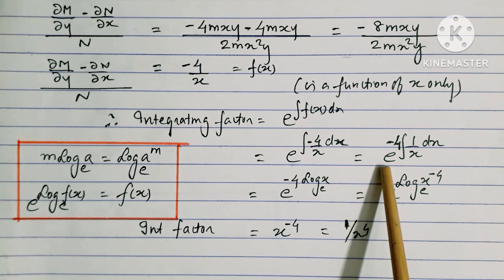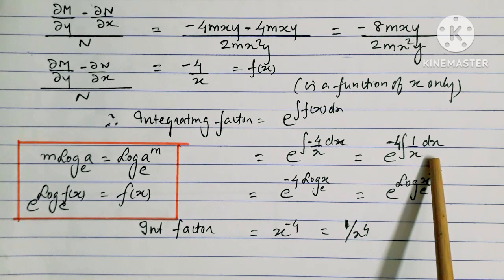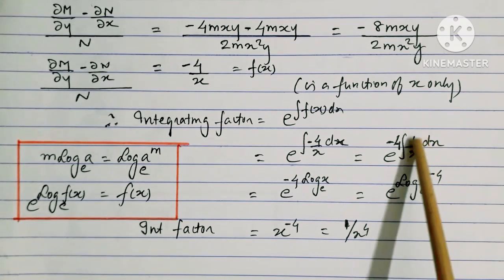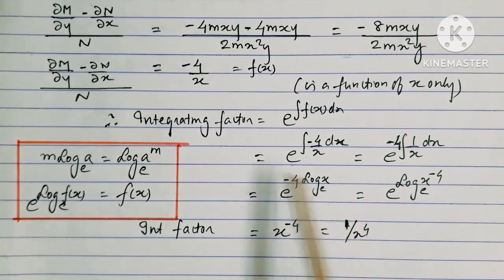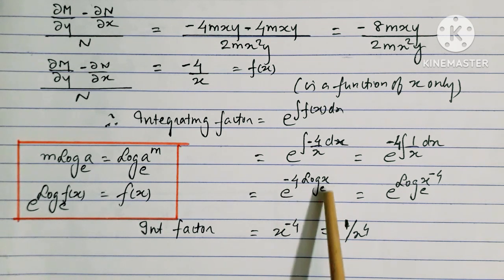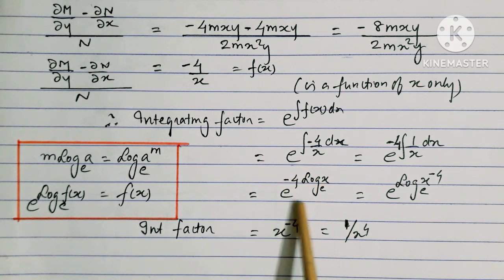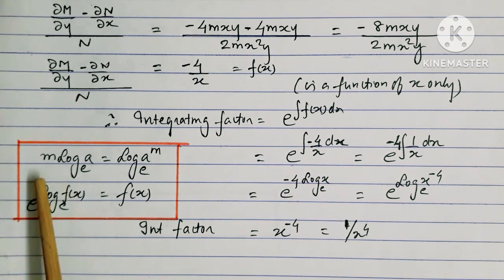So this would be e raised to minus 4 integral 1 upon x dx. The integral of 1 upon x dx is log x to the base e. So the integrating factor would be e raised to minus 4 log x to the base e. Now we can simplify this integrating factor by using the property of logarithm.